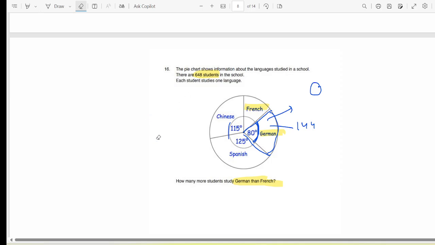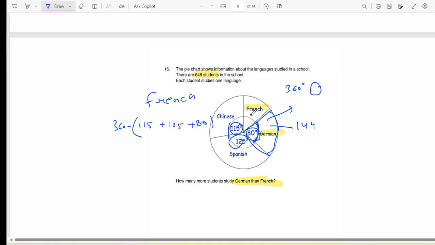For French, the angle is not given. First of all we need to find the angle, because we know the complete angle is 360 degrees, right? So 115, 125 and 80, if I add them and subtract this from 360, I'll get 40.